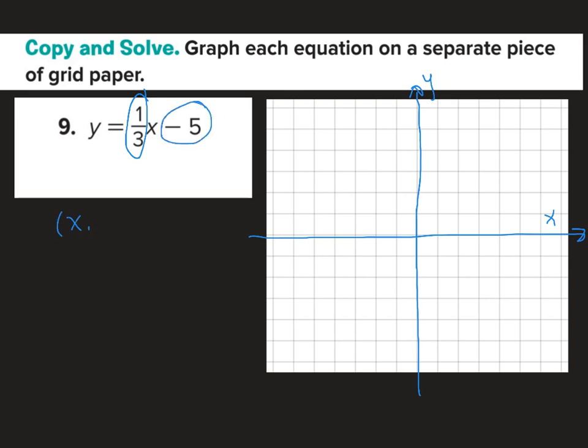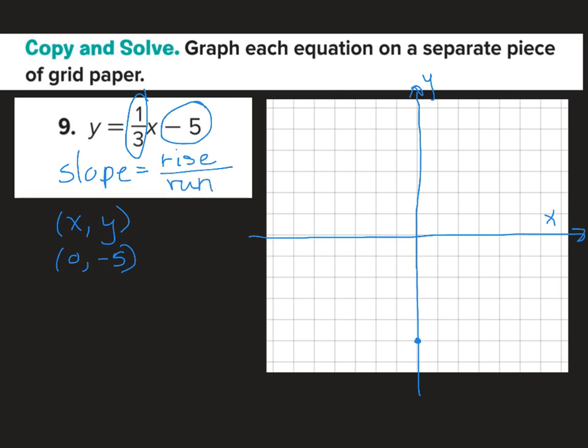So if I'm given the coordinate x, y, when x is 0, y is negative 5. So 0, negative 5, 1, 2, 3, 4, 5 would be right there. And then my slope is rise over run, so it's 1/3.